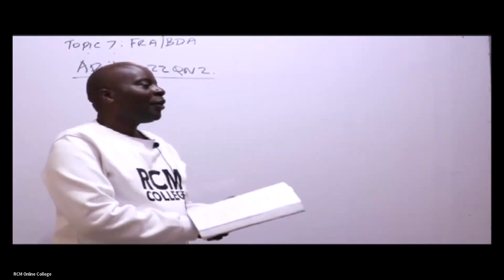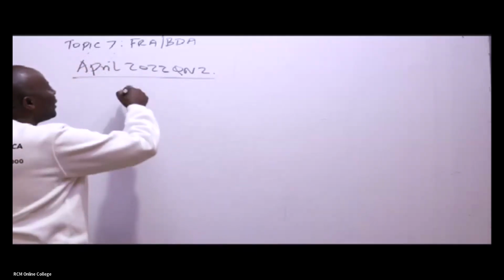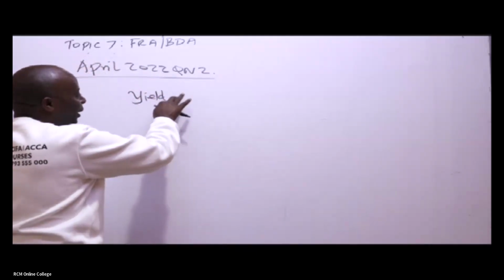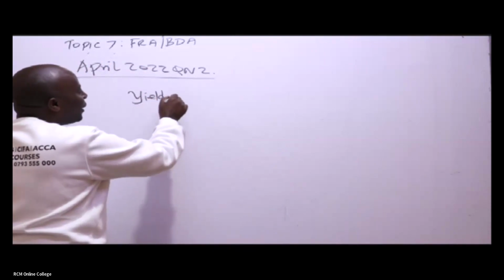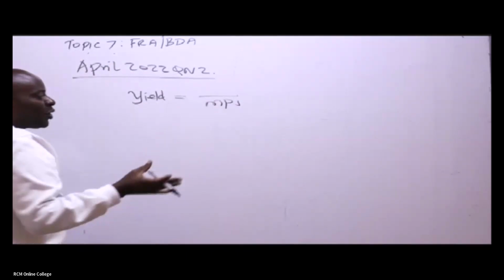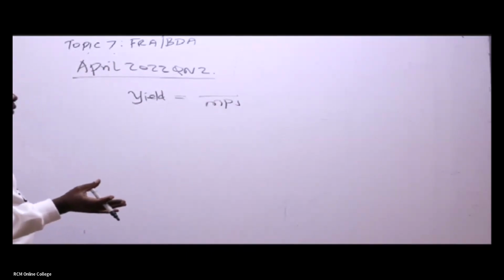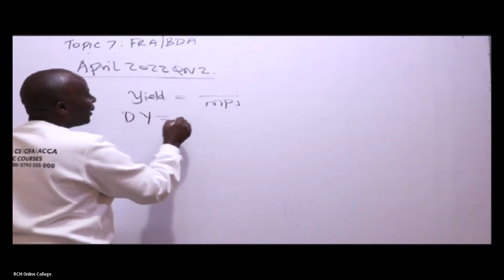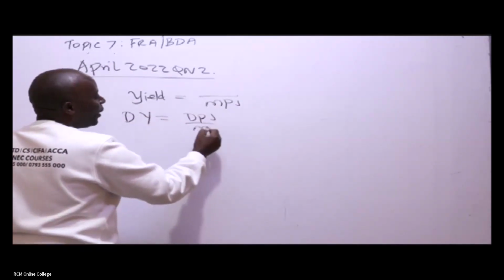I like this. Whenever you hear anything called yield, know that at the base we have market price per share. So if they talk about dividend yield, then it will be DPS over MPS.